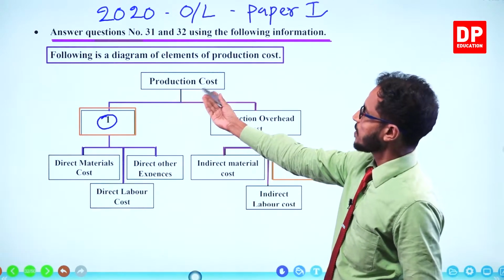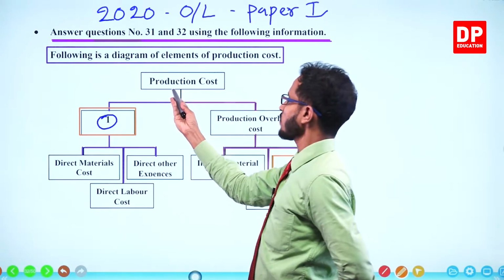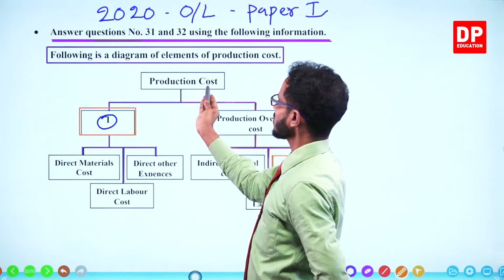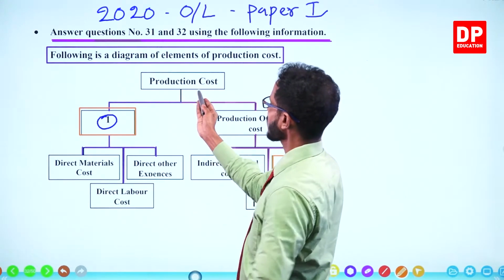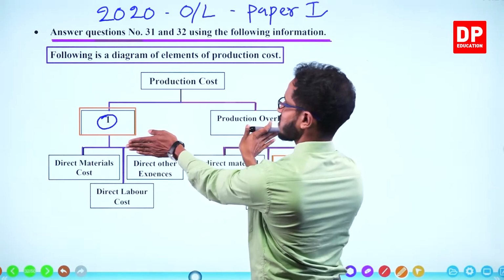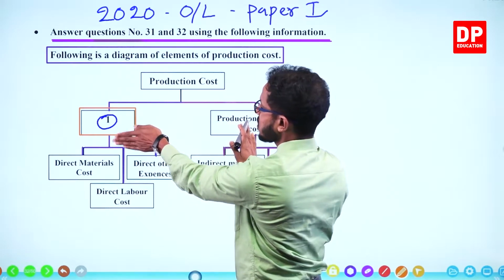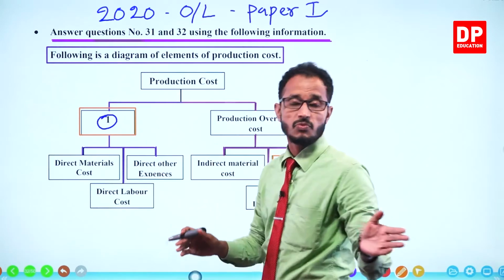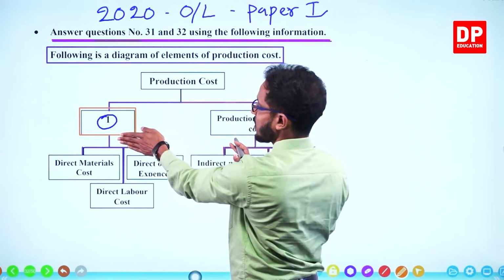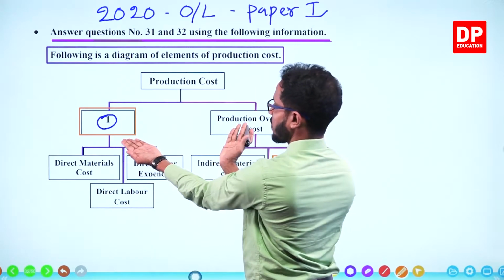Tell me, if the production cost is on top, and it is divided into 2 main sections, what should come here and what should come here?